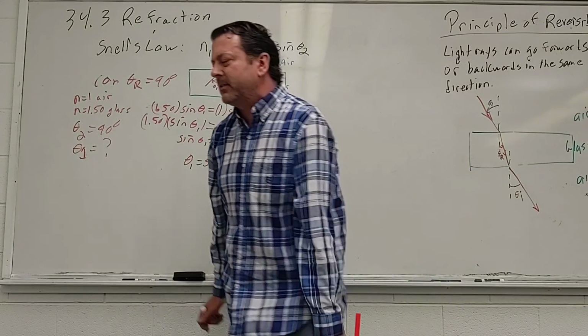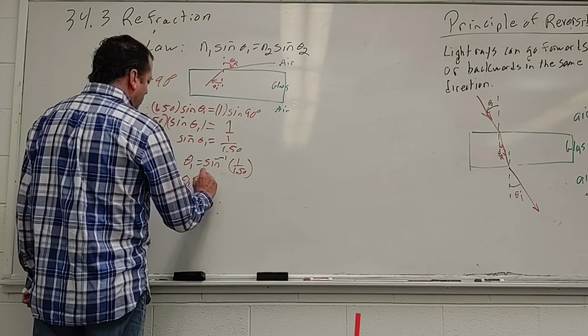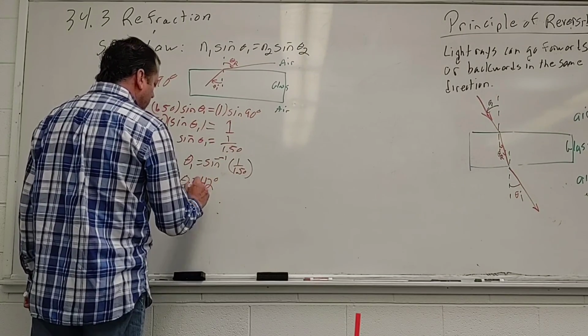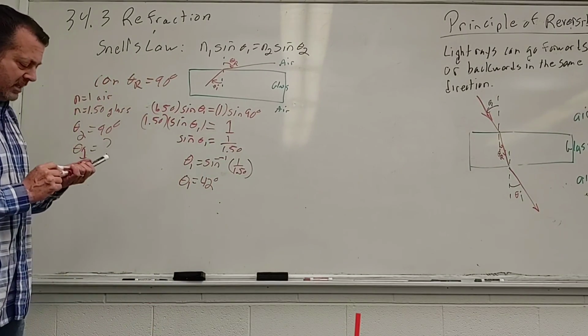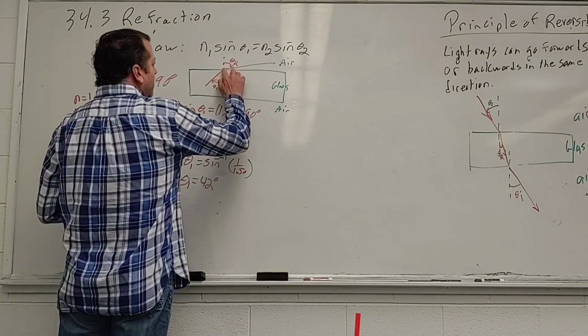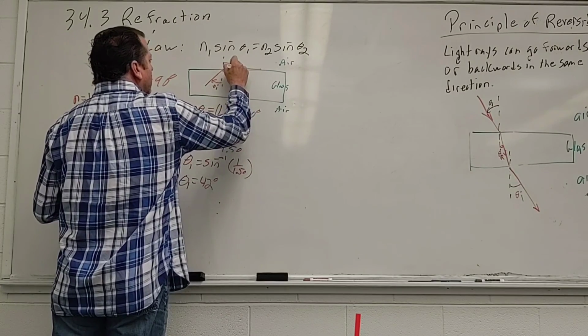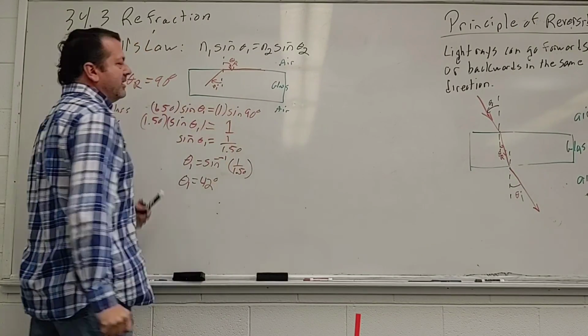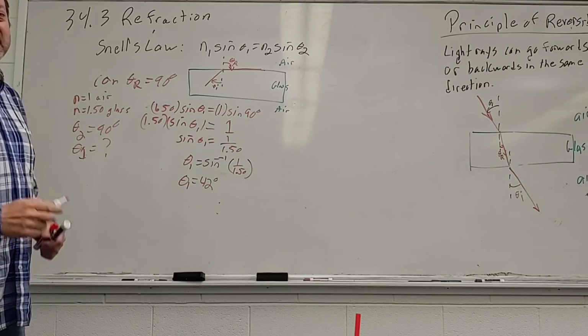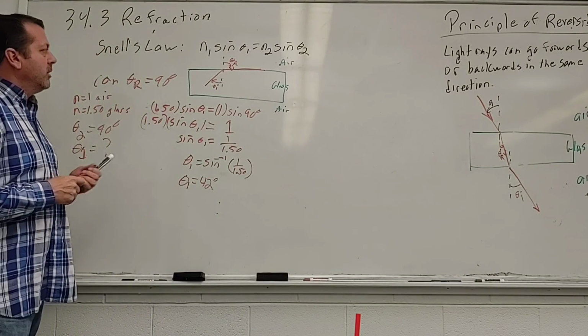And for glass, if you do the math, theta 1 equals about 42 degrees. So less than 45 degrees, less than halfway. What happens? This doesn't go out like that. It goes out like that. Light never leaves the glass. It would just go out straight.